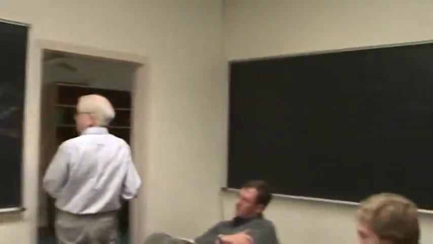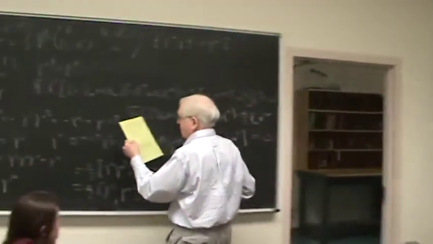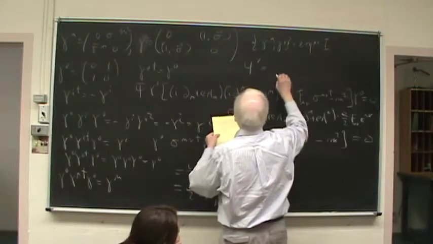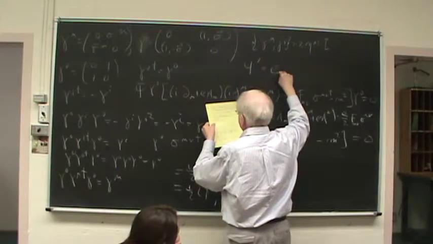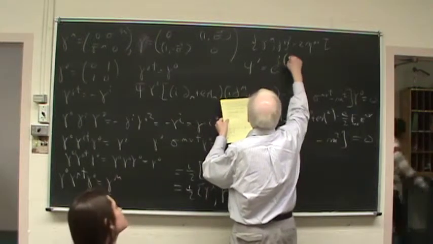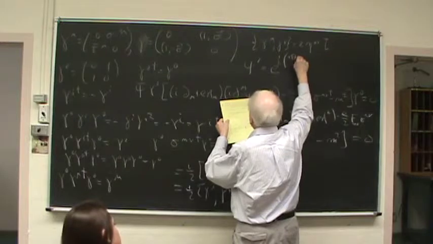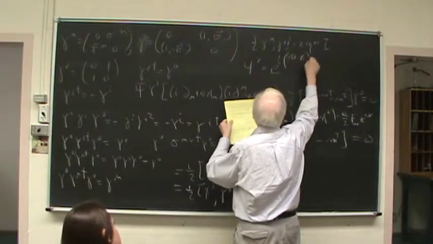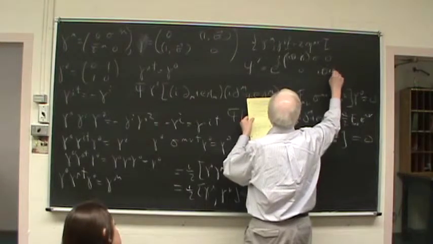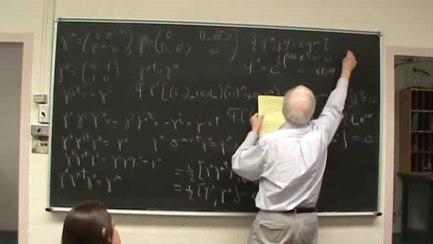Now, under Lorentz transformations, as you know, the 4-component psi transforms as e to the 1/2, and then up here we have I theta minus beta dot sigma, 0, 0, I theta plus beta dot sigma.